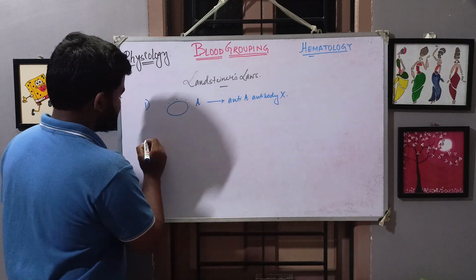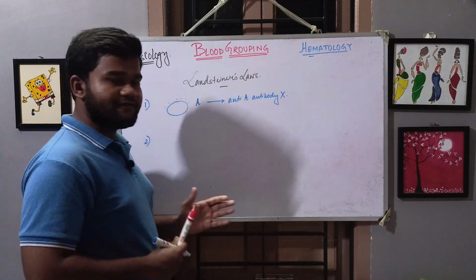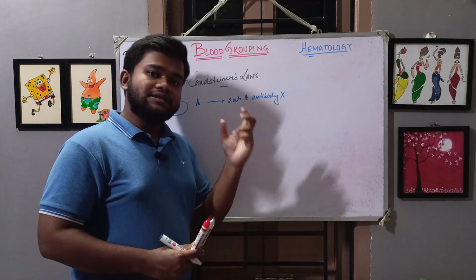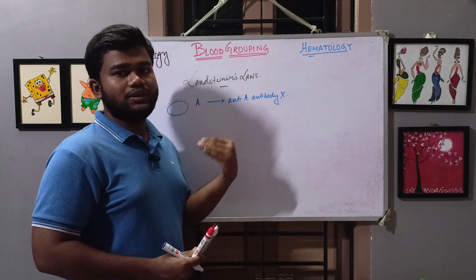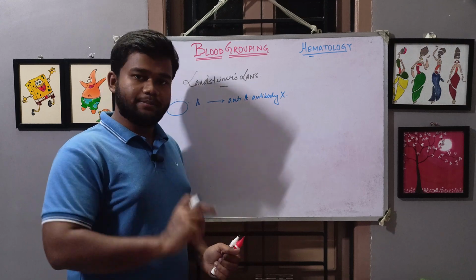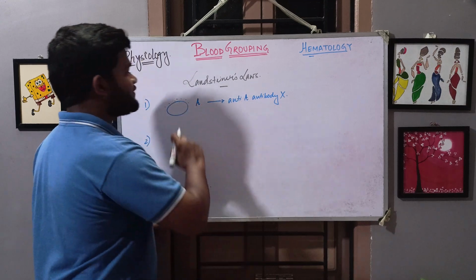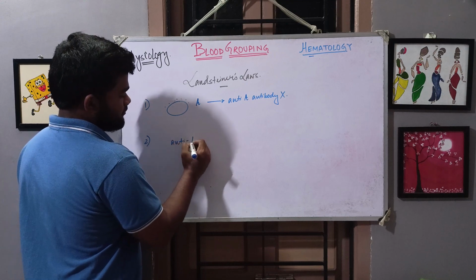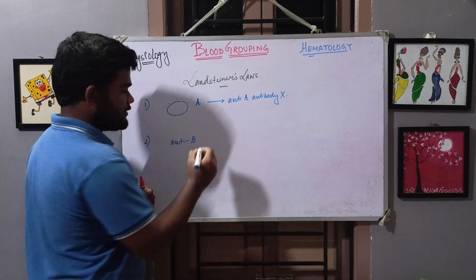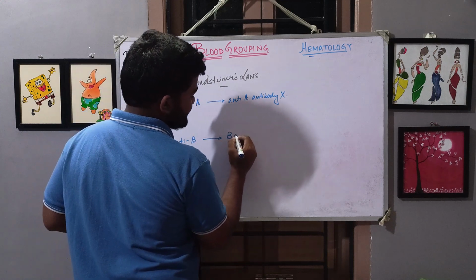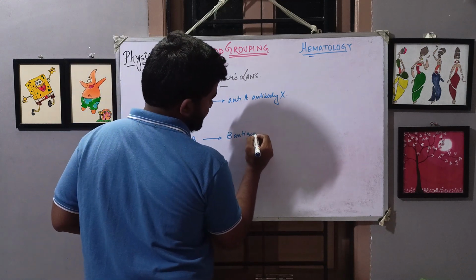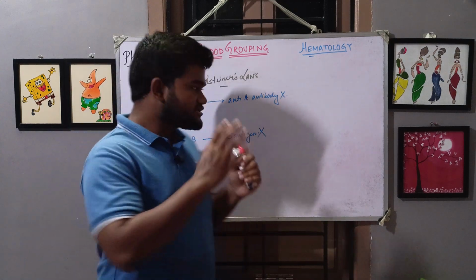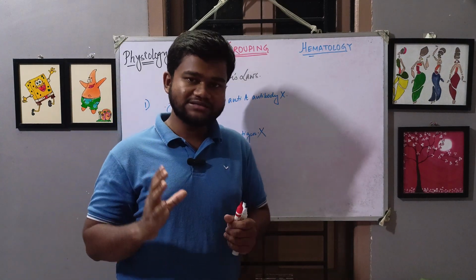The second law states that if an antibody is present in the plasma, the corresponding antigen will be absent from the RBC membrane. For example, if the plasma has the anti-B antibody, then the B antigen will be absent from the RBC membrane. Based on these, the ABO blood grouping is done.